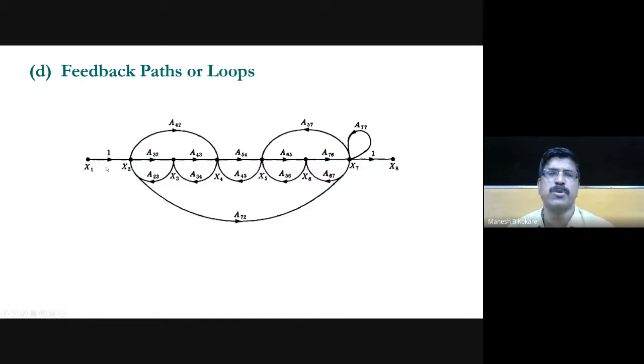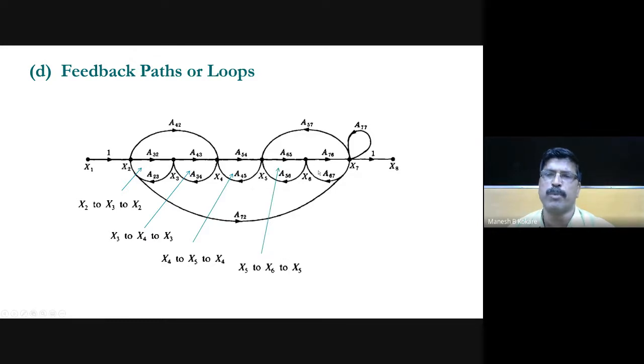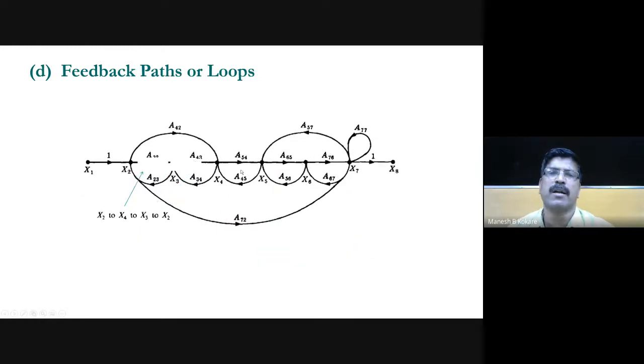Then feedback loops. So already we have seen that this is one feedback loop. Then this is the second feedback loop. Then this is the third feedback loop. Then this one will be the fourth feedback loop, fifth feedback loop. Then this will be a self feedback, that is the seventh feedback loop. Then after that, this will be the complete feedback loop, that is the eighth feedback loop.